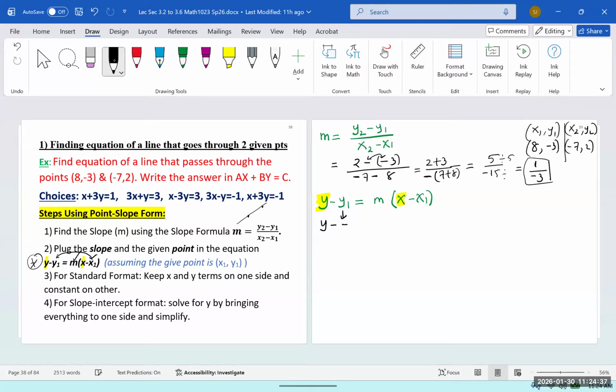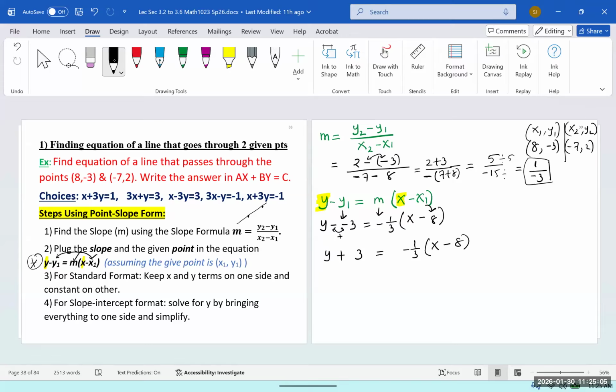Our y1 is -3. The slope we found is -1/3. We keep our x, but we replace our x1, which is 8. We have double negative that turn into positive. So we get y plus 3 equals -1/3 (x minus 8).